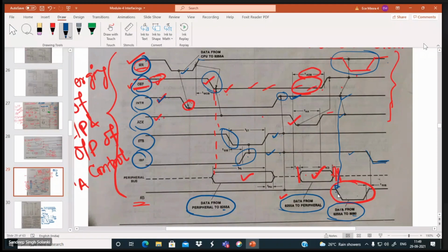When the second completes the read, it might go for the write, then the first one will come to the read. If you rotate the timing, you can find how this process is carried out by two processors and two 8255s. It's basically the merger of your mode 1 input handshake as well as output handshake.